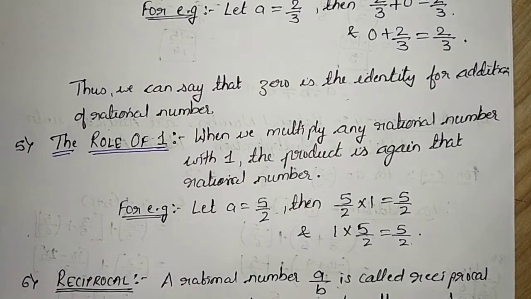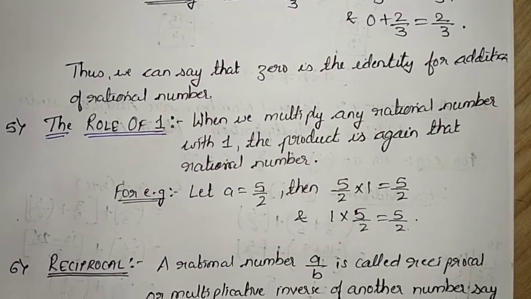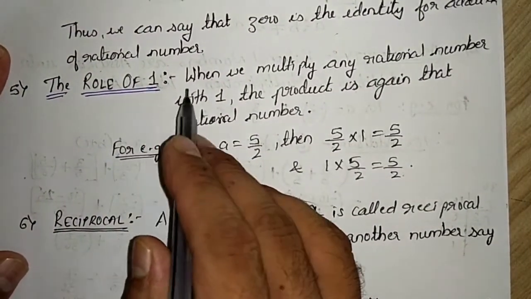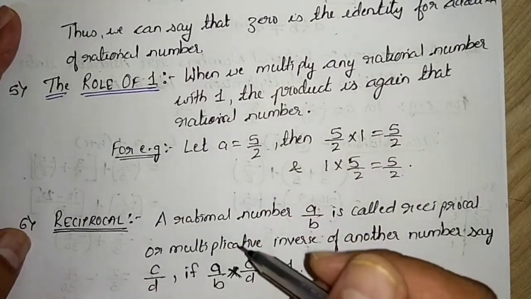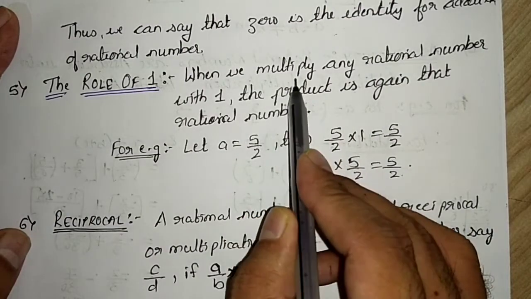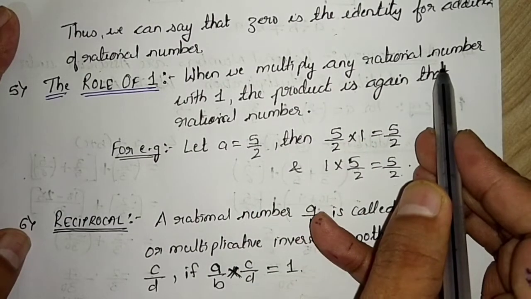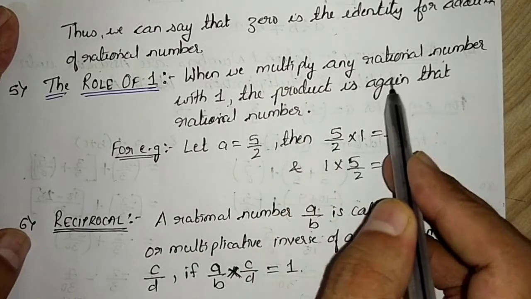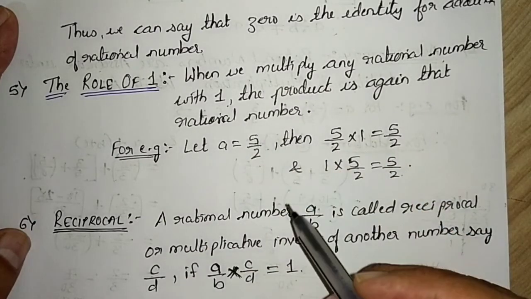Now moving to the fifth property, that is the role of 1. What is the role of 1 for rational numbers? Well, when you multiply any rational number with 1, the product which you get is again the same rational number.